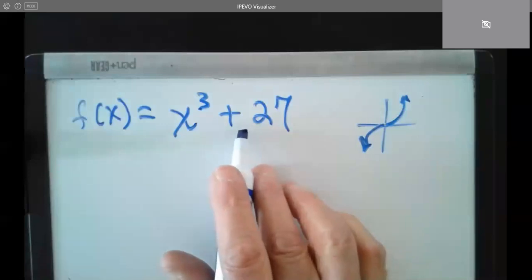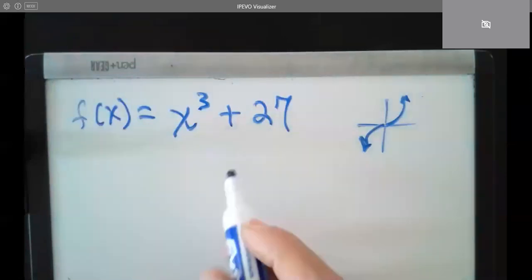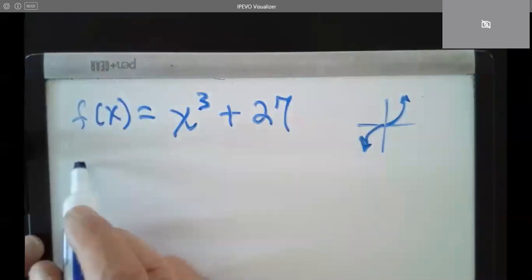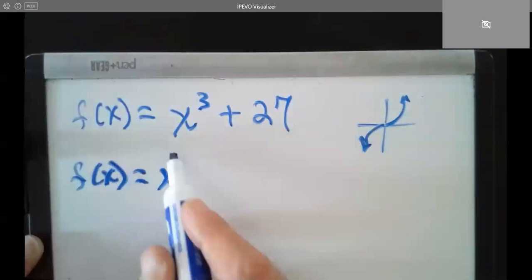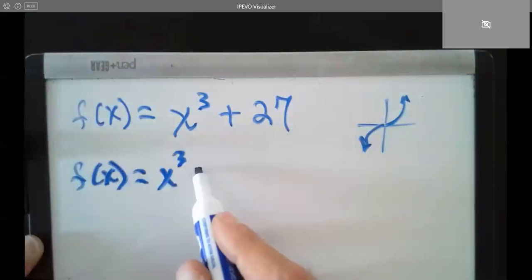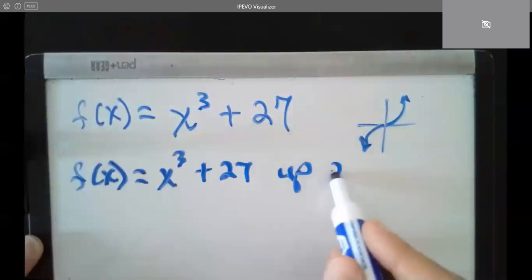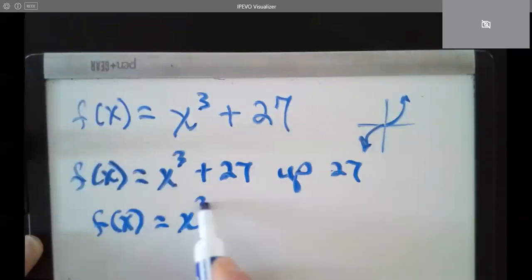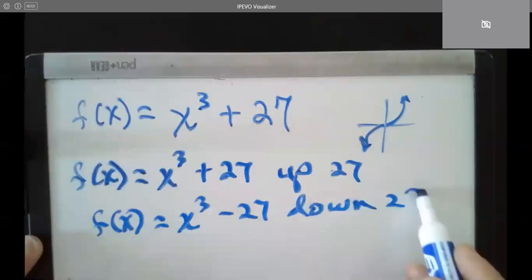Which way is this going to shift? No, it's going to shift down. Please, down. Okay, let's go back over these again. If this is f of x equal to x cubed plus 27, it shifts up 27. If it's f of x equal to x cubed minus 27, it's going to shift down 27.